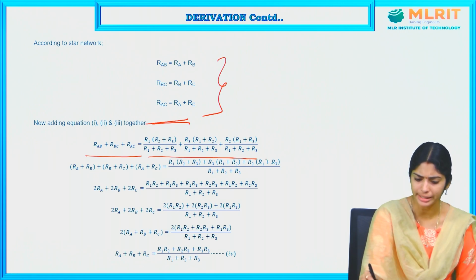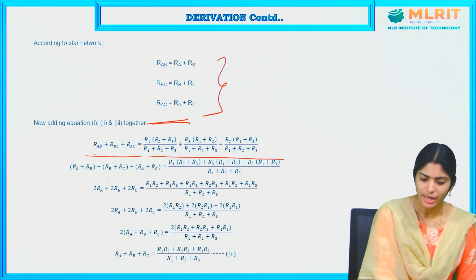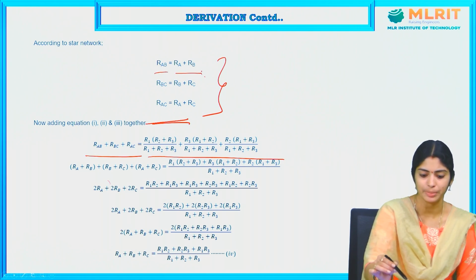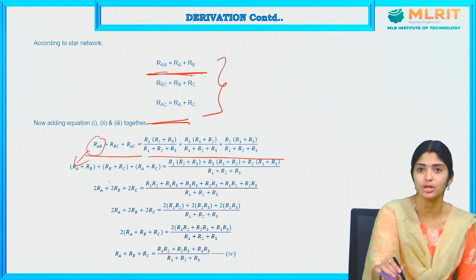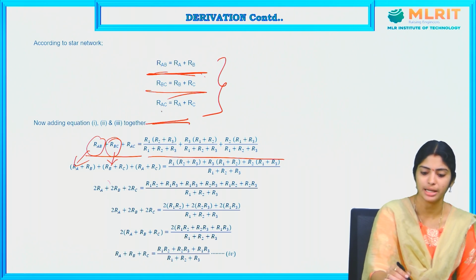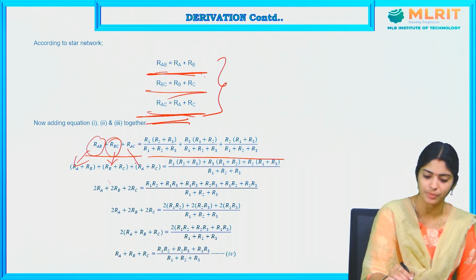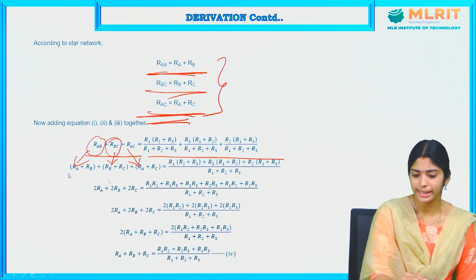What is the value of RAB? From the star network, RAB is equal to RA plus RB. So I am substituting it here. Similarly, RBC is RB plus RC, and RAC is RA plus RC.